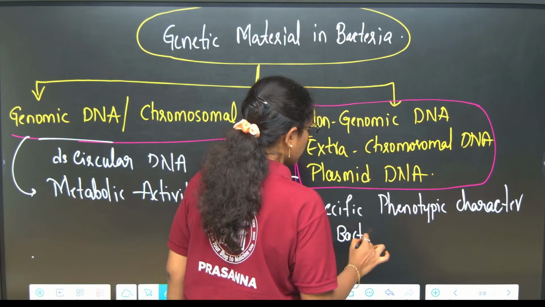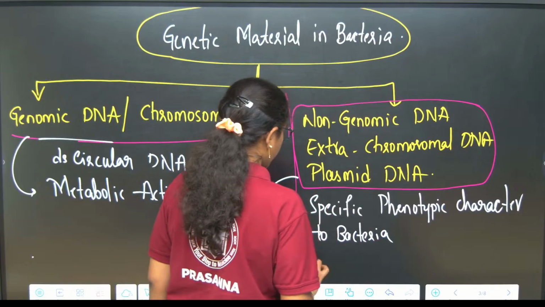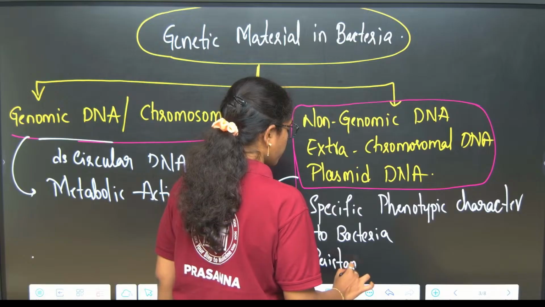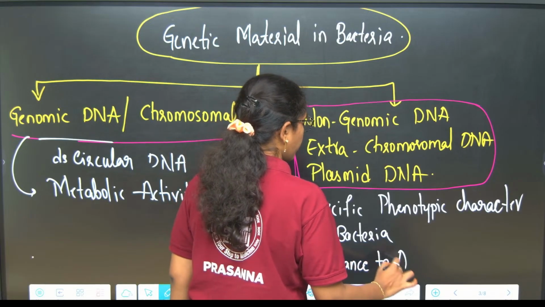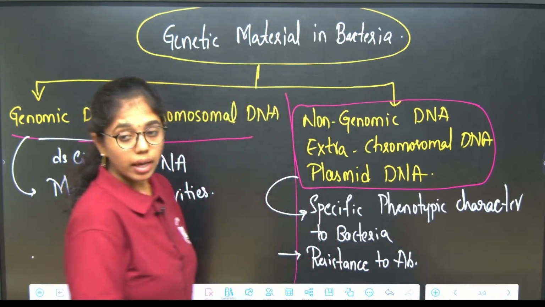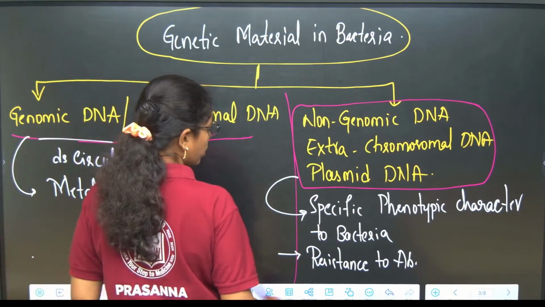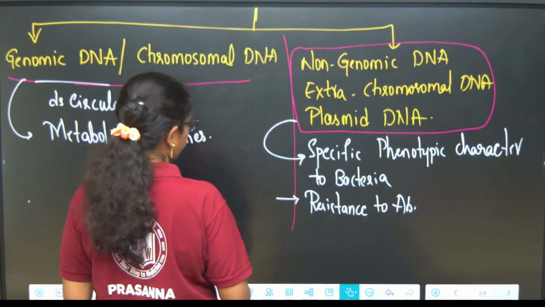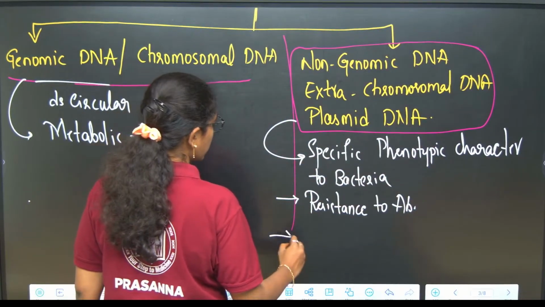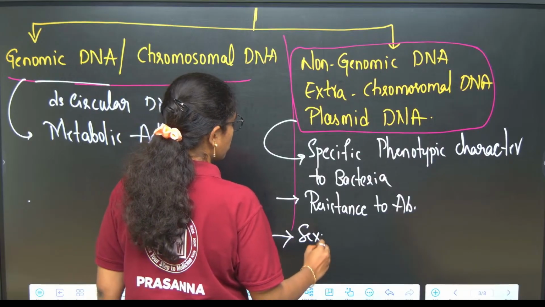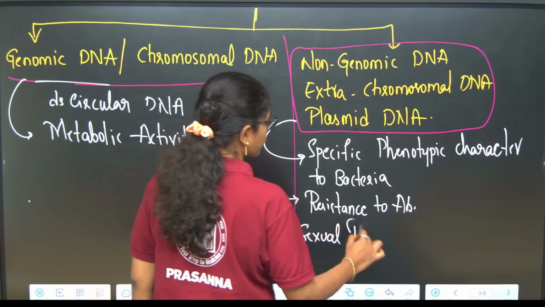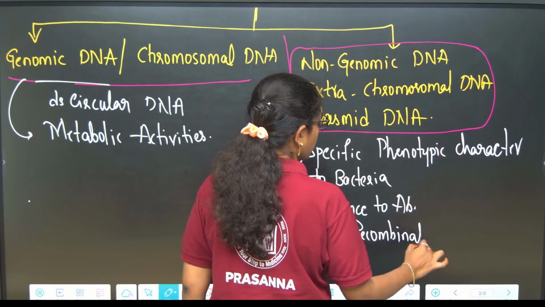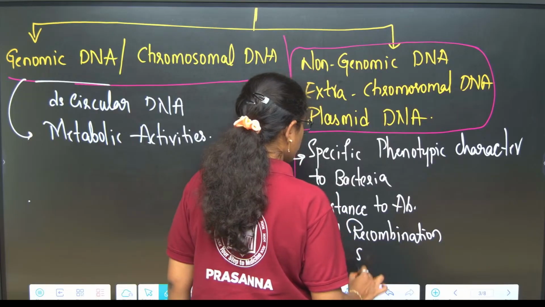Second is resistance to antibiotics. And third is promoting sexual recombination, that is conjugation.